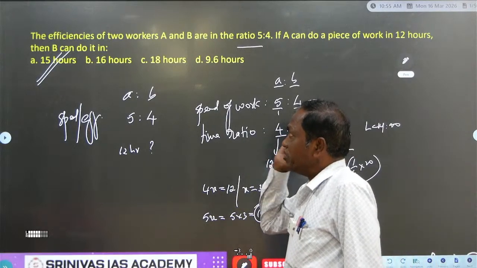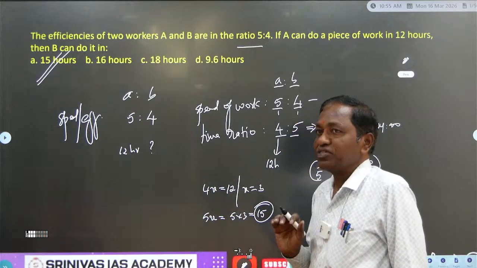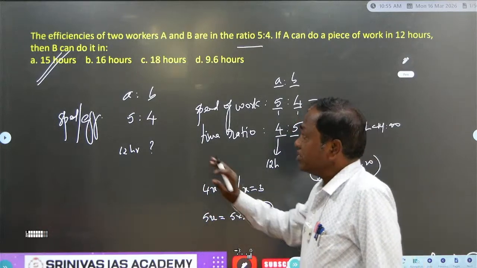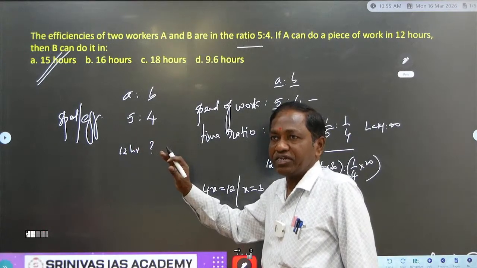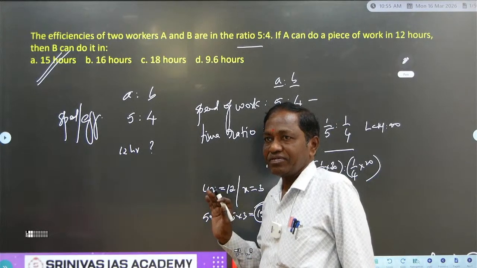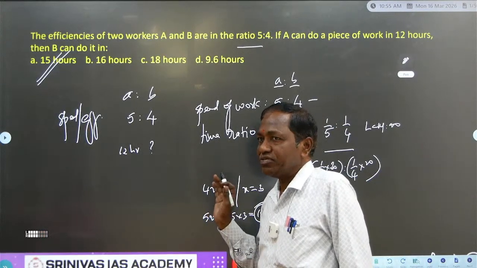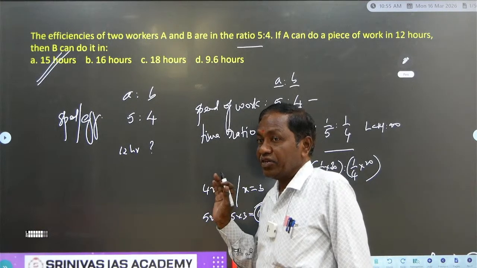See, first, what is the basic structure? Now it is okay, but some other problems you cannot do straight away like that. Efficiency, speed ratios, speed and time are interrelated. You have to convert these ratios to time ratios. If there are more than 2 ratios, then you cannot do that.